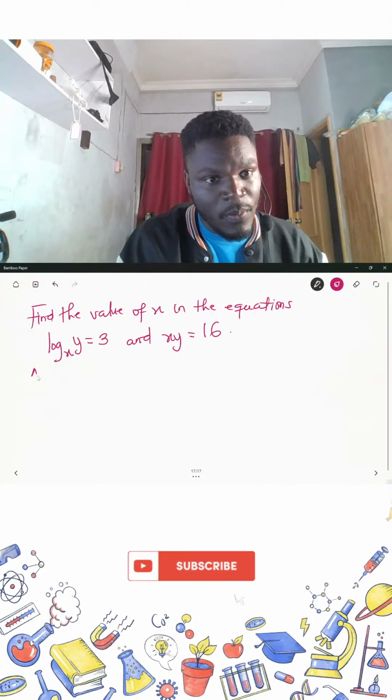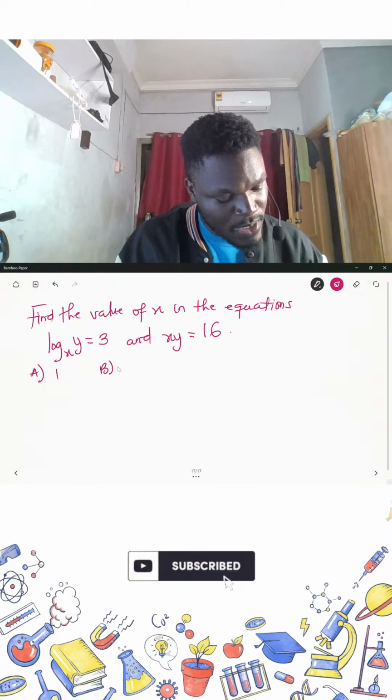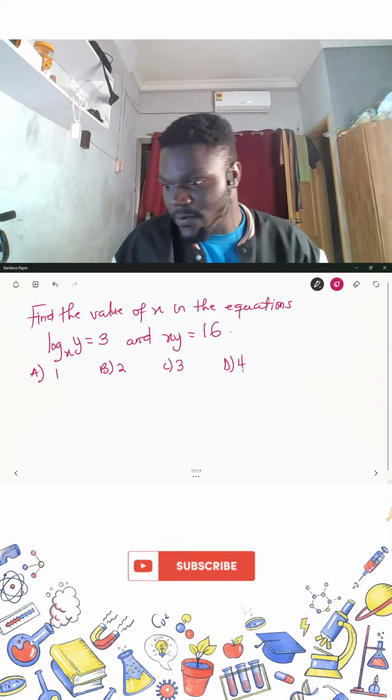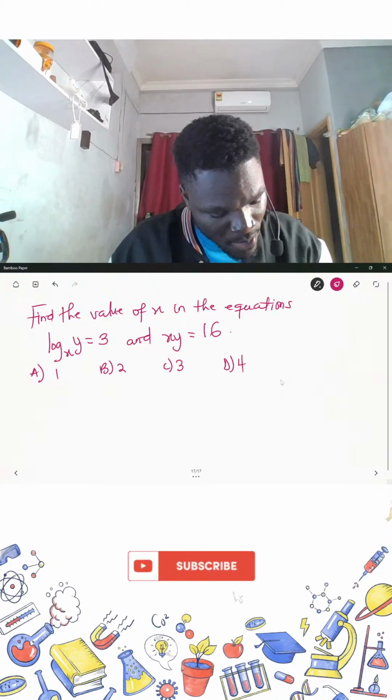Okay, so this is the problem we have. Option A is 1, option B is 2, option C is 3, and then option D is 4. So guys, this is the next question that I have for us. Let's try our hands on it.